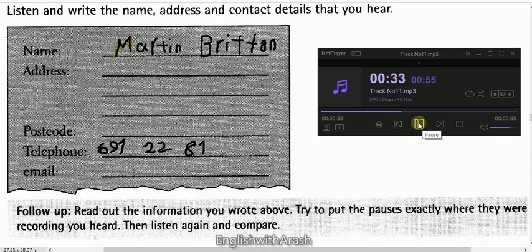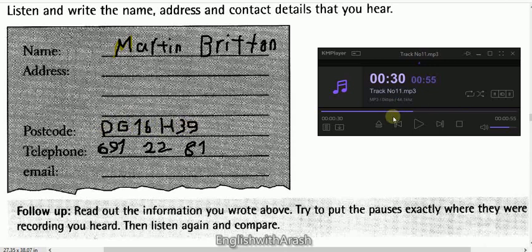Postcode DG16. Thank you, Element, for helping me. DG16H39. Okay, that's gonna be the postcode.